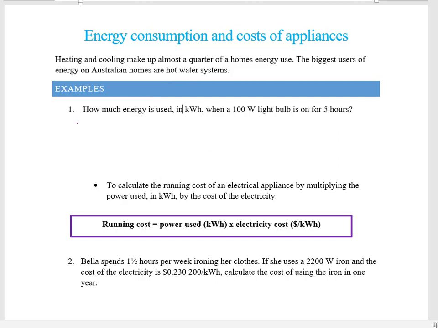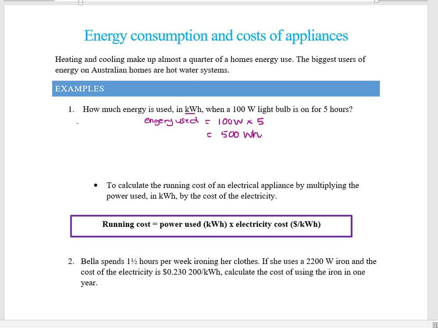How much energy is used in kilowatt hours when a 100-watt light bulb is on for 5 hours? So what we're trying to do is calculate the energy used. It's a good idea to write down what you're trying to do. I know it's 100 watts, and I'm going to multiply that by 5 hours. And so I get 500 watt hours.